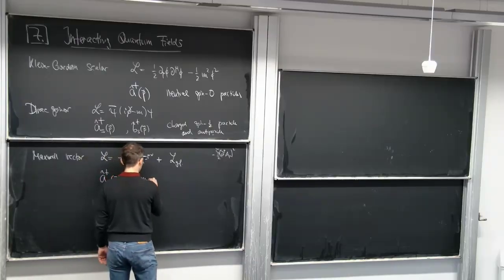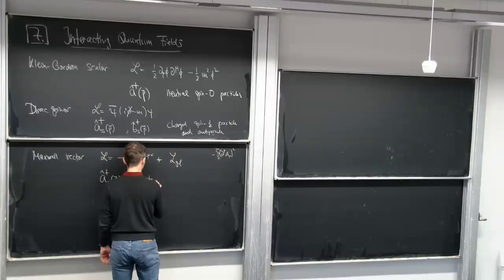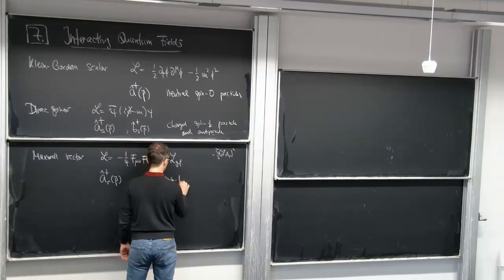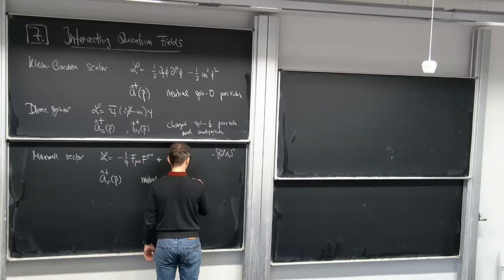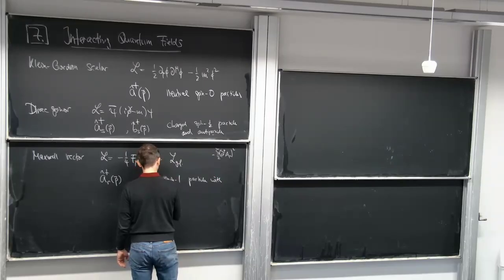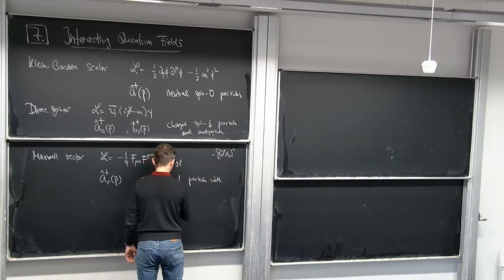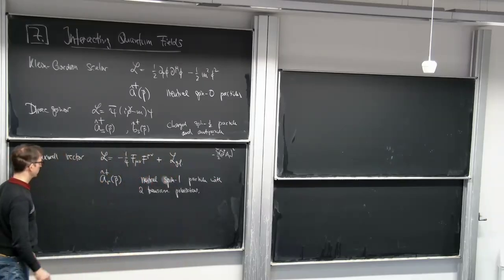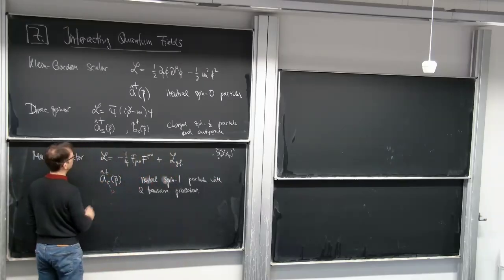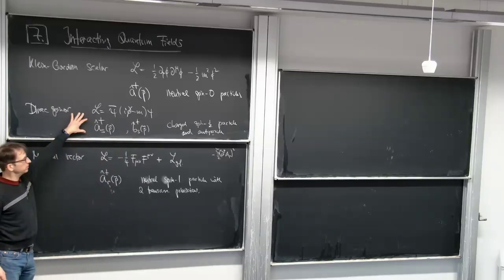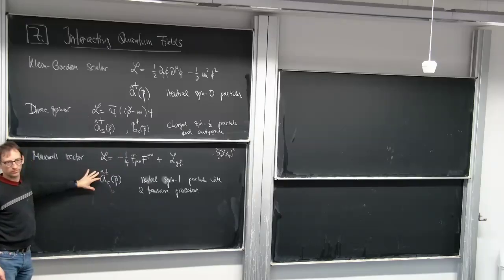So anyway, it's a neutral spin 1 particle with transverse polarization. Well, this is 1 or 2, and that's 1 or 2. An example for this would be the electron and positron. An example for this would be the photon.